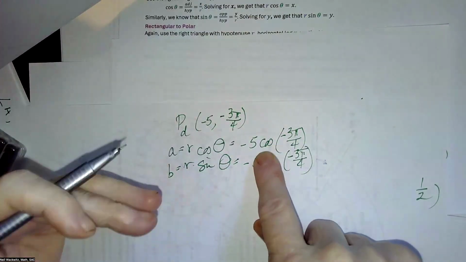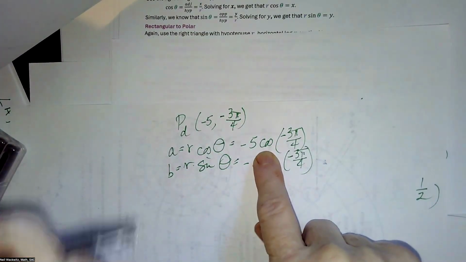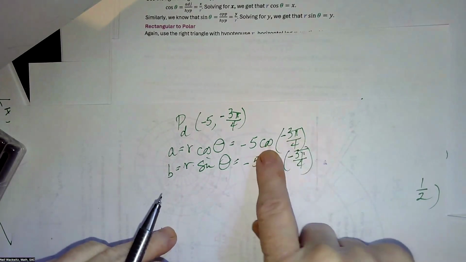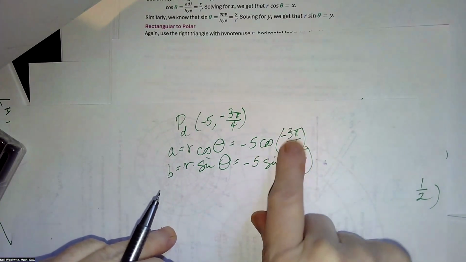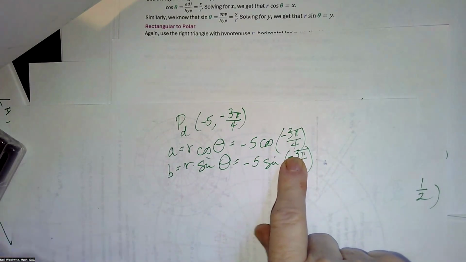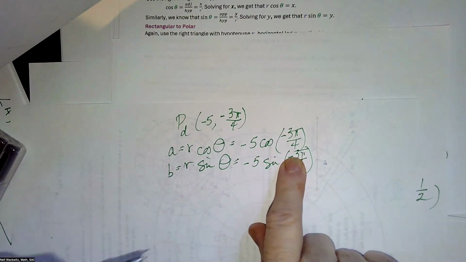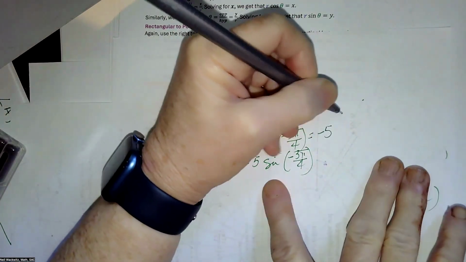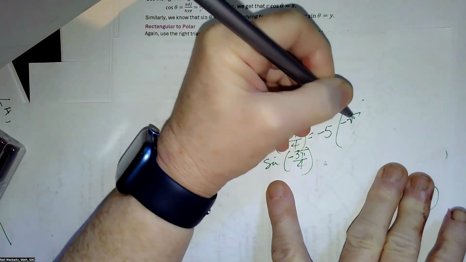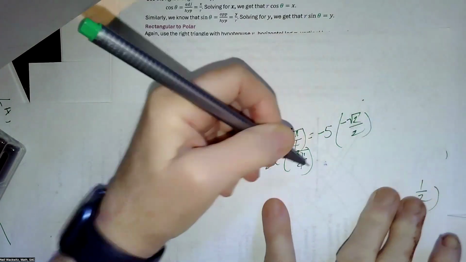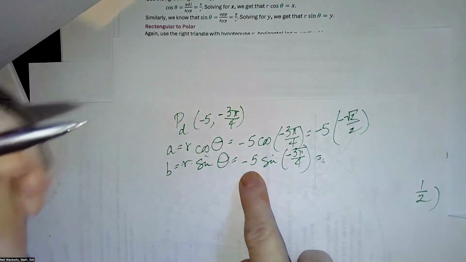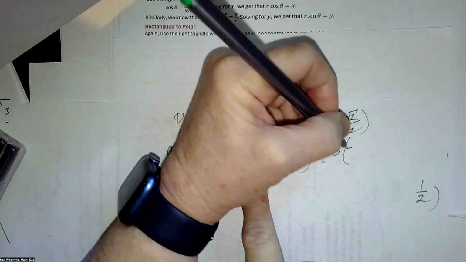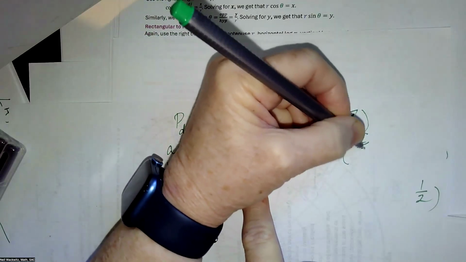So let's see, I know that cosine of pi over 4 is square root of 2 over 2. So cosine of negative 3 pi over 4 will be negative square root of 2 over 2. So we have negative 5 times negative square root of 2 over 2. And the same for the sine. Negative 5 times negative square root of 2 over 2.